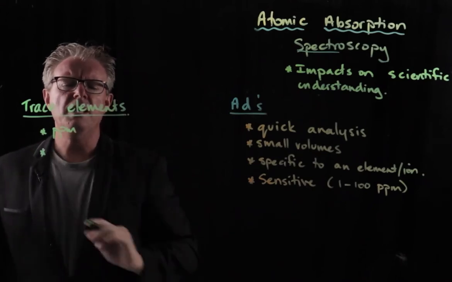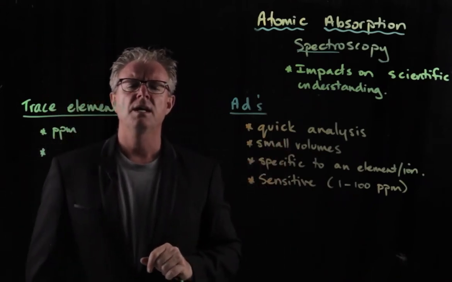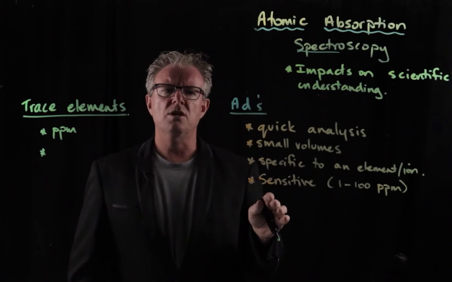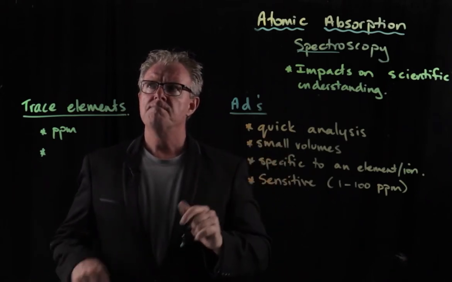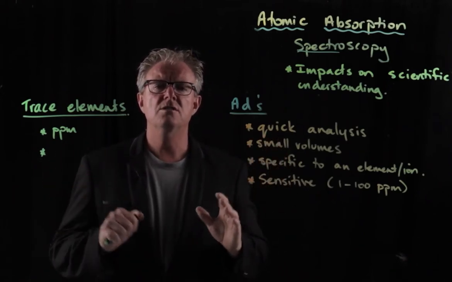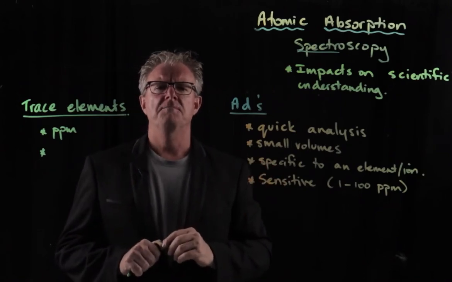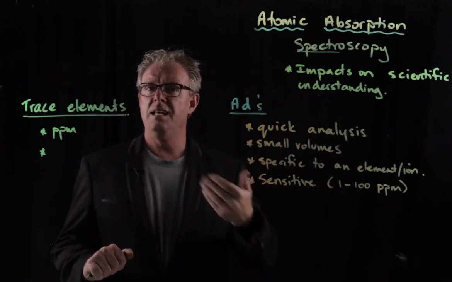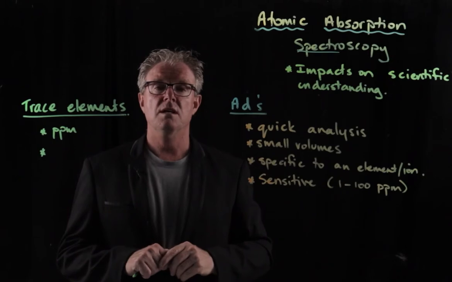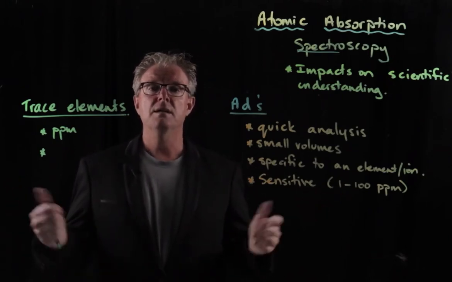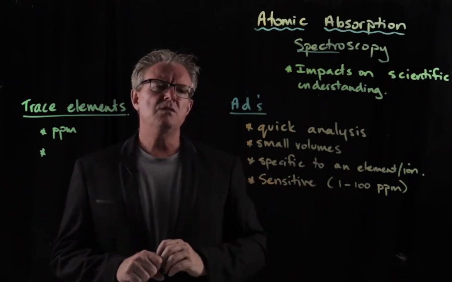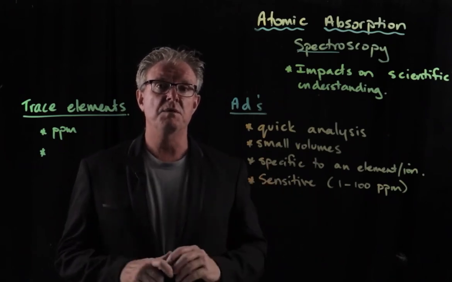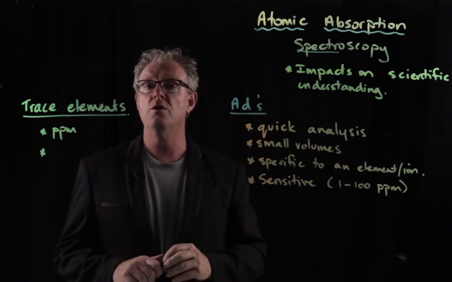Now, before we had this technique, we were unable to measure the concentrations of specific ions in crops and in metabolism, in samples of blood and plasma. And so we didn't really understand some diseases because of that and the importance of micronutrients.